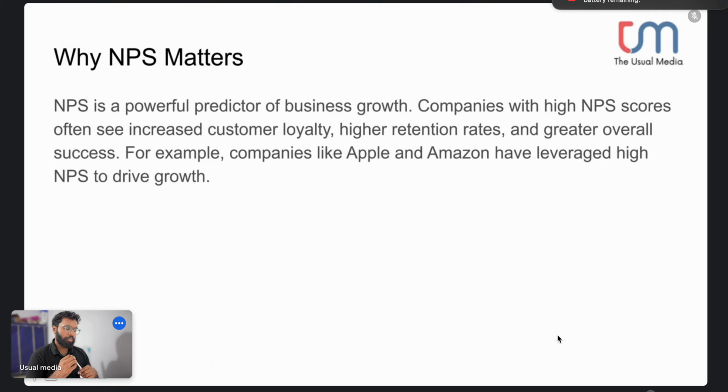The retention rate becomes very high, because if you recommend a certain product to your friends or relatives, it is more likely that you will again come to that company or that brand to buy it again, right? So in that case the retention rate is very high. For example, Apple or Amazon, these have leveraged very high using NPS.